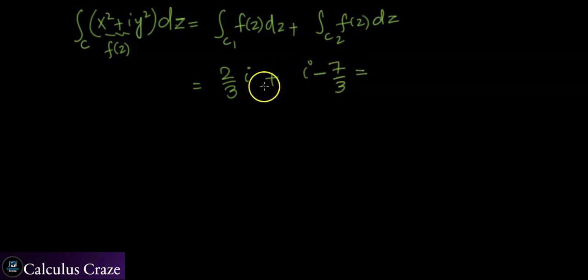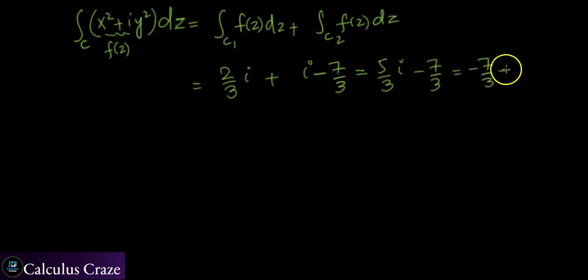When you perform these small computations, you will see that it is 5 over 3 I minus 7 over 3, or you can say minus 7 over 3 plus 5 over 3 I. So this is the integral of this complex valued function. This is how you integrate your complex valued function, of course, over a piecewise smooth curve.